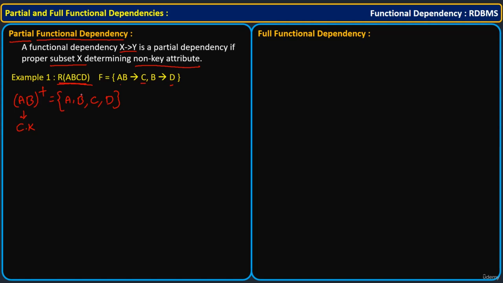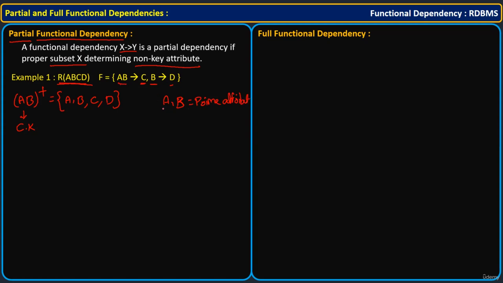Now, how will you decide whether it is a partial dependency or not? Here AB is deriving C. If you observe, A and B are prime attributes, that is what we already discussed.